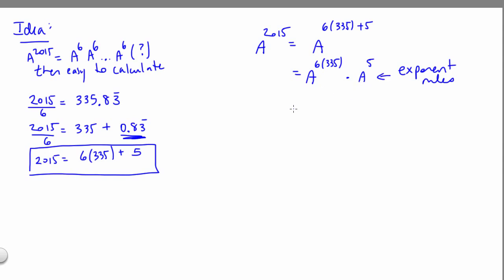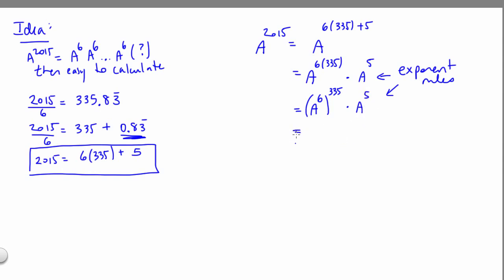Now looking at the first factor, when we've got a product in the exponent, we can rewrite that as a to the 6 raised to the power 335. So whenever we've got a power raised to another power, those powers multiply. That's our second exponent rule here. And we'd still need to multiply by a to the 5th.